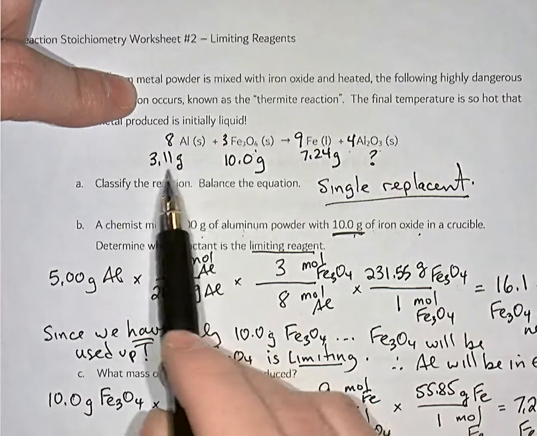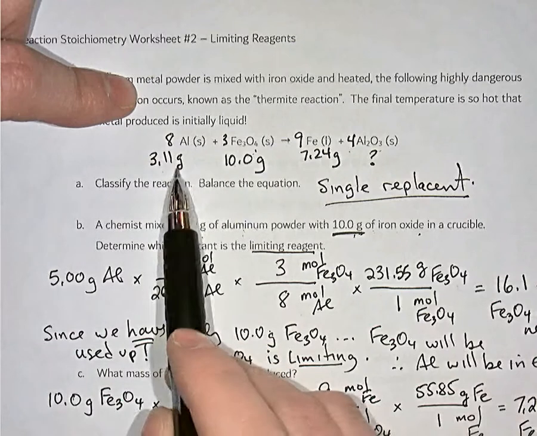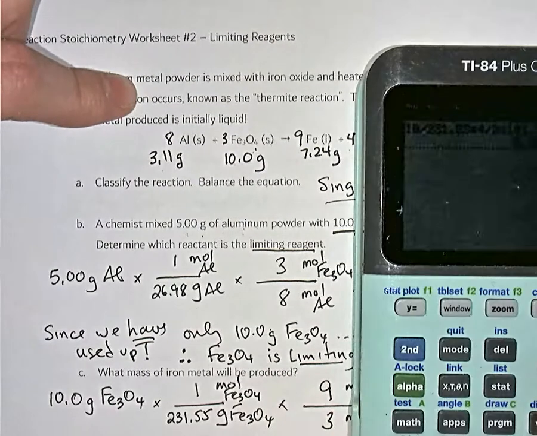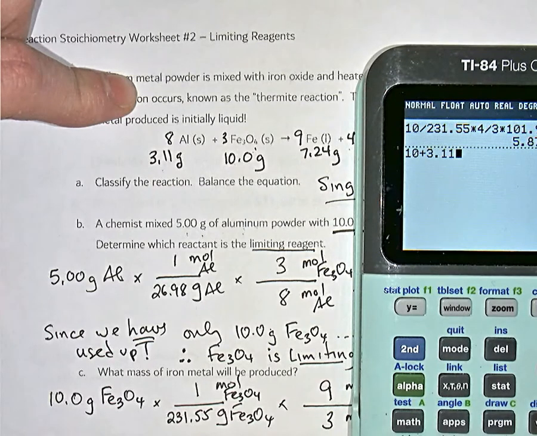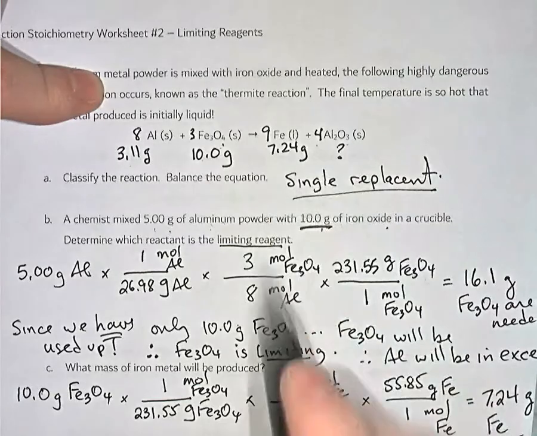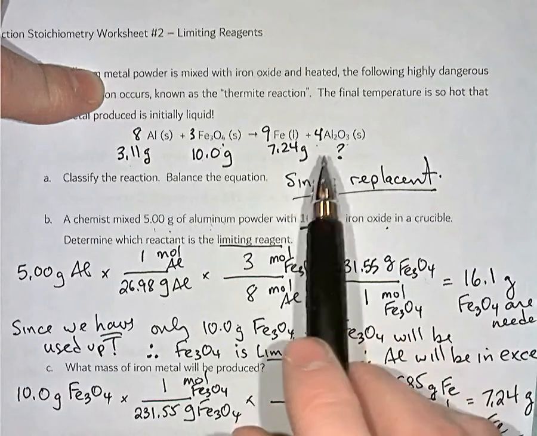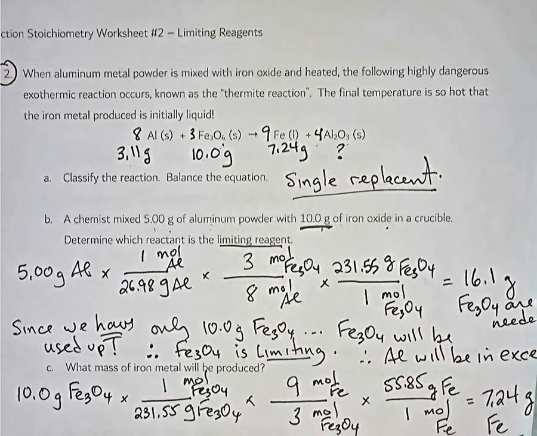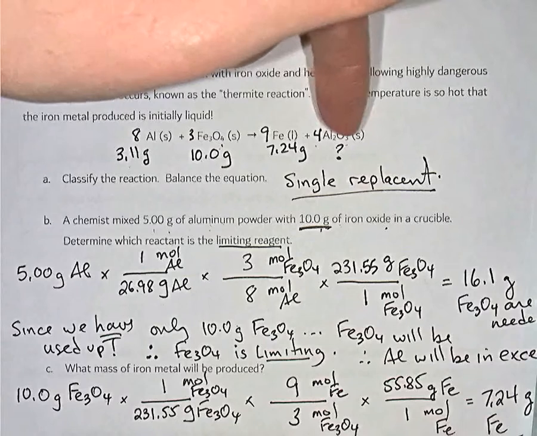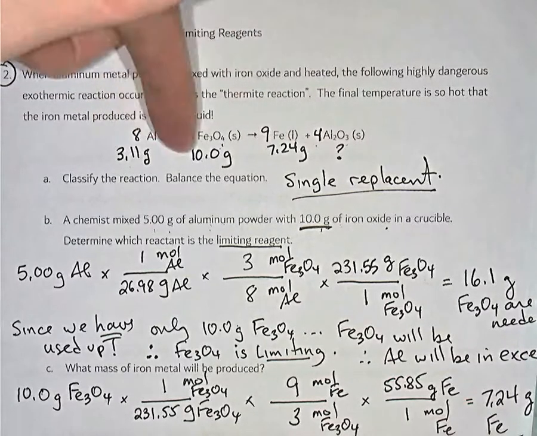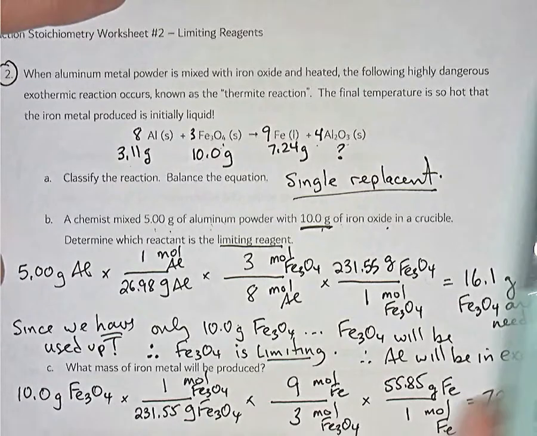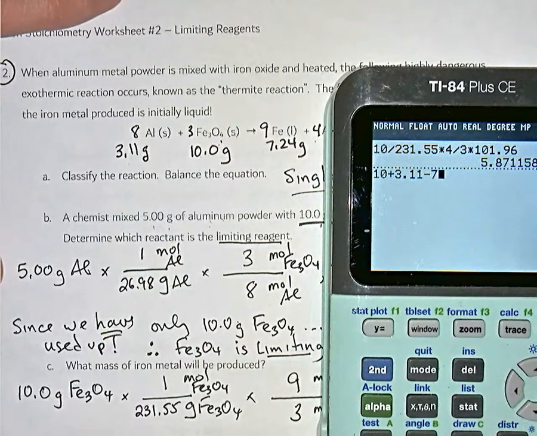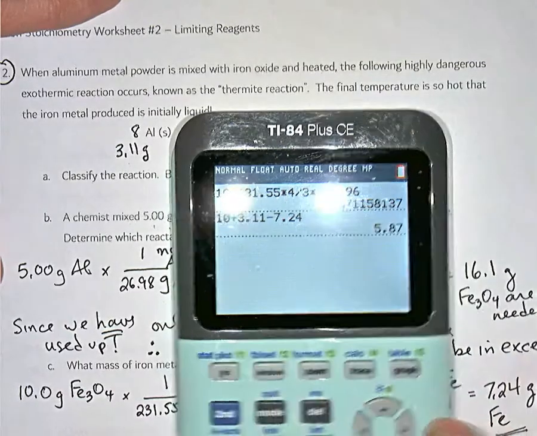The total mass before the reaction was 10 plus 3.11. This has to equal the total mass after the reaction, so 7.24 plus X. If I want to know the aluminum oxide, I'll add these 2 numbers and subtract the 7.24, and we get 5.87 grams.